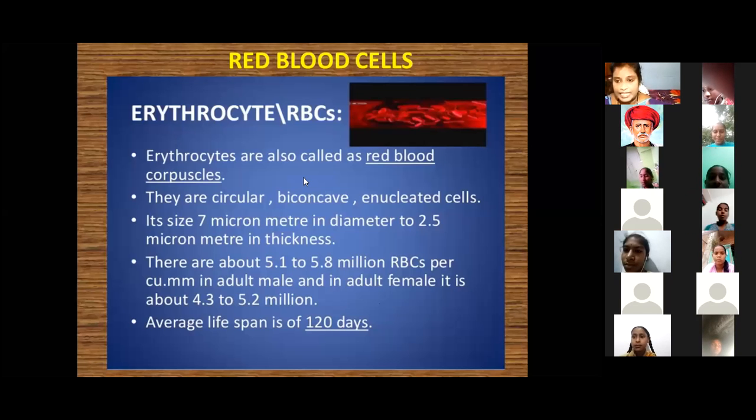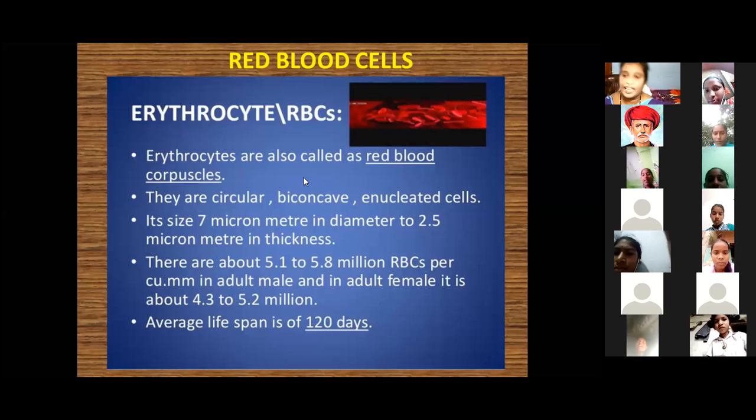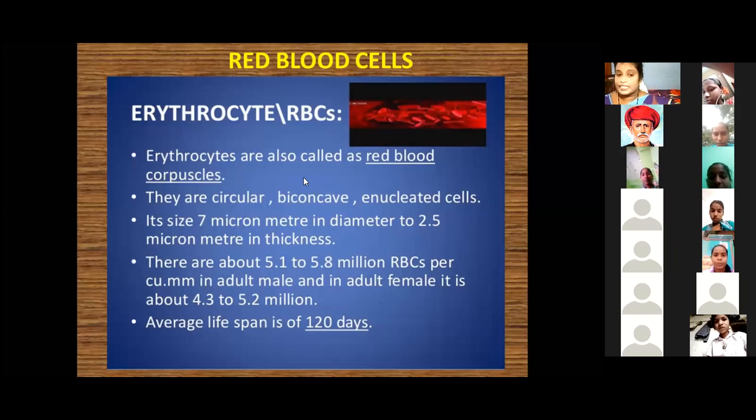Red blood cells ke maroka peru erythrocytes. Erythrocytes are also called red blood corpuscles or cells. Corpuscles anna, cells anna, okate.